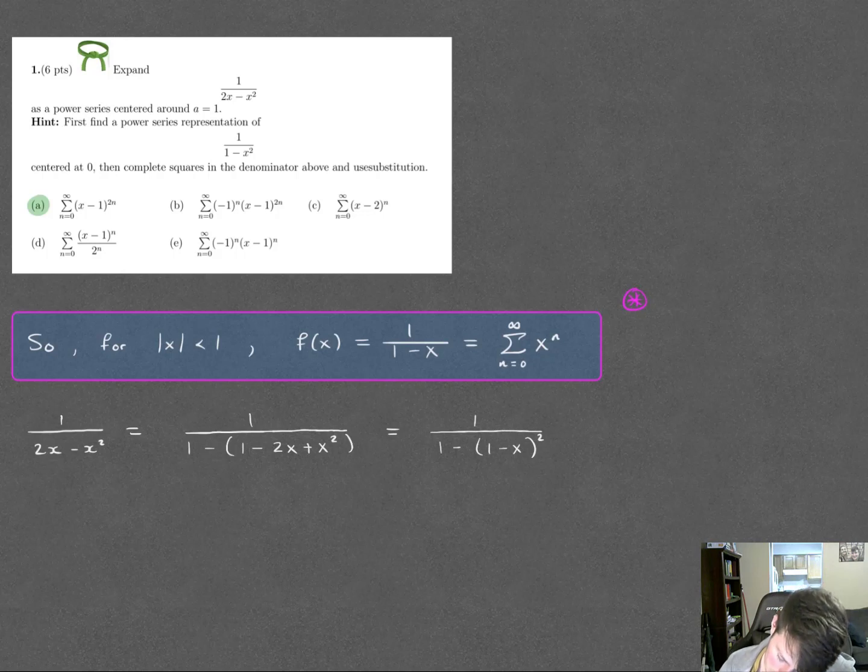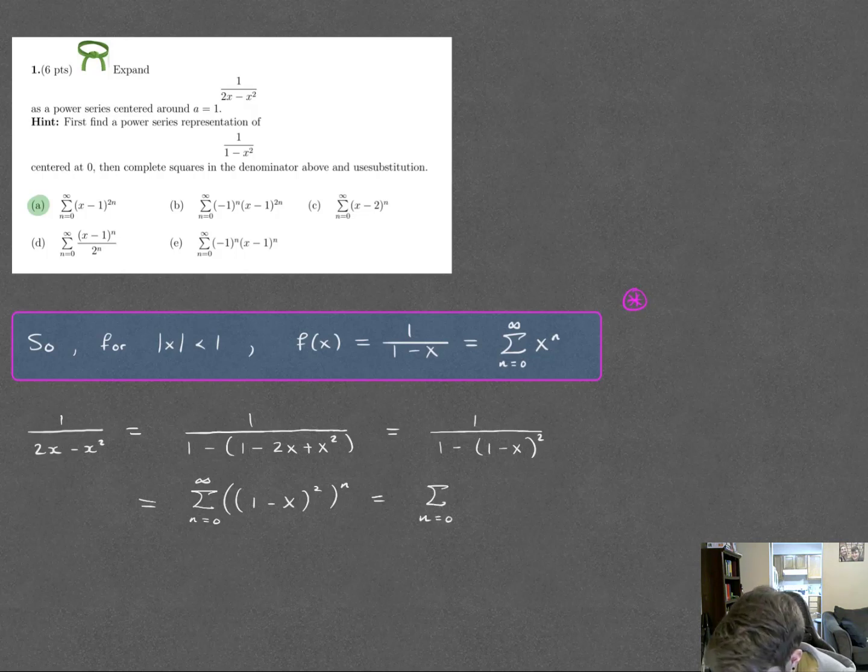So now I can write this as the sum from n equals 0 to infinity of (1 minus x) squared to the power of n. And this equals the sum from n equals 0 to infinity of (1 minus x) to the 2n. And now I see that they've actually represented it as (x minus 1) to the 2n.